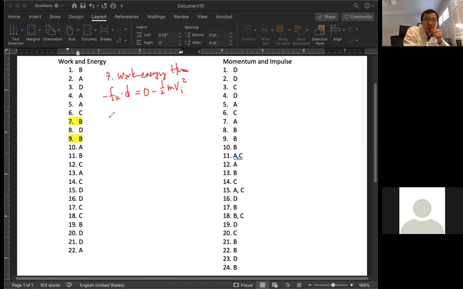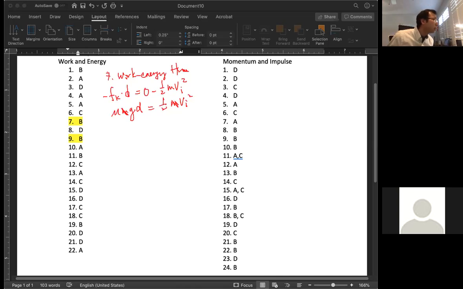You can find out that this is mu m g d, equal to half of m v initial squared. So you can see that it depends on the masses, right? So it doesn't matter. Even if you increase the mass, it doesn't change d, right? So the mass has no effect on the distance skated. So B. Okay.